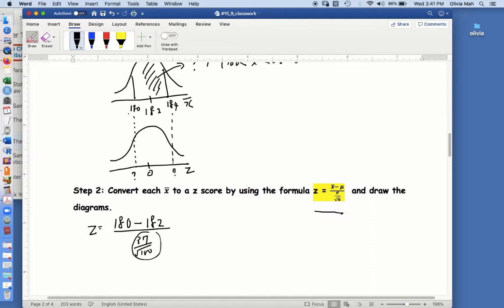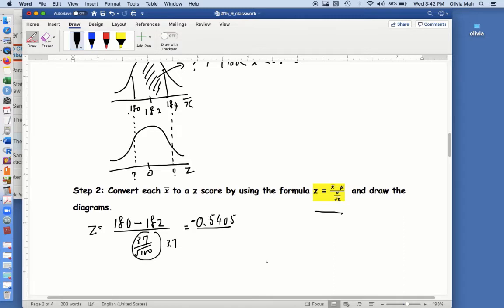We know this number is 3.7. Use your calculator, that z value is going to be negative, because 180 is smaller than 182, negative 0.5405.